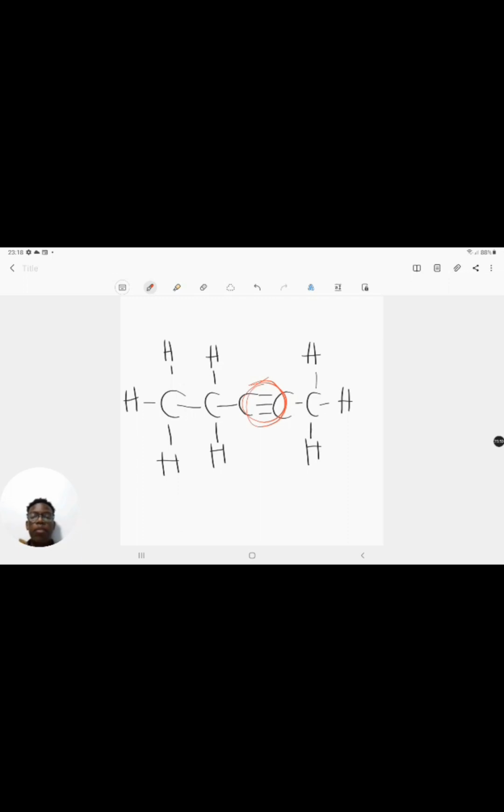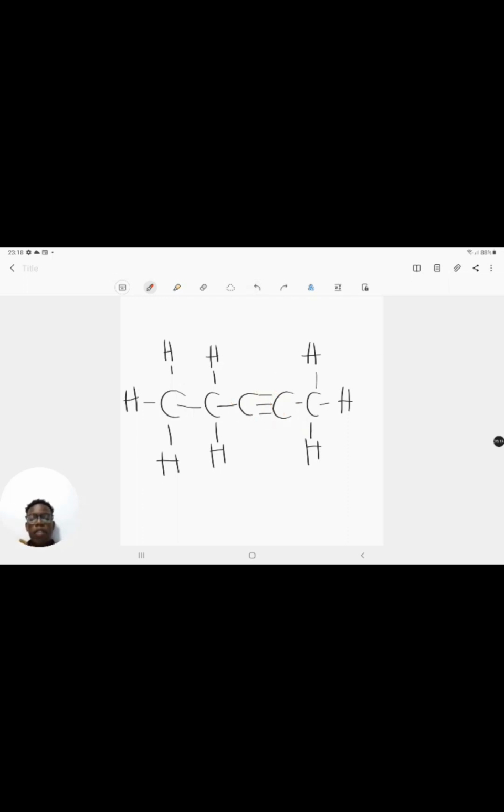You've got a single bond there, single bond there, but you want the maximum number of bonds between 2 carbon atoms that are next to one another. That's what I mean by adjacent. Those are the adjacent carbons.